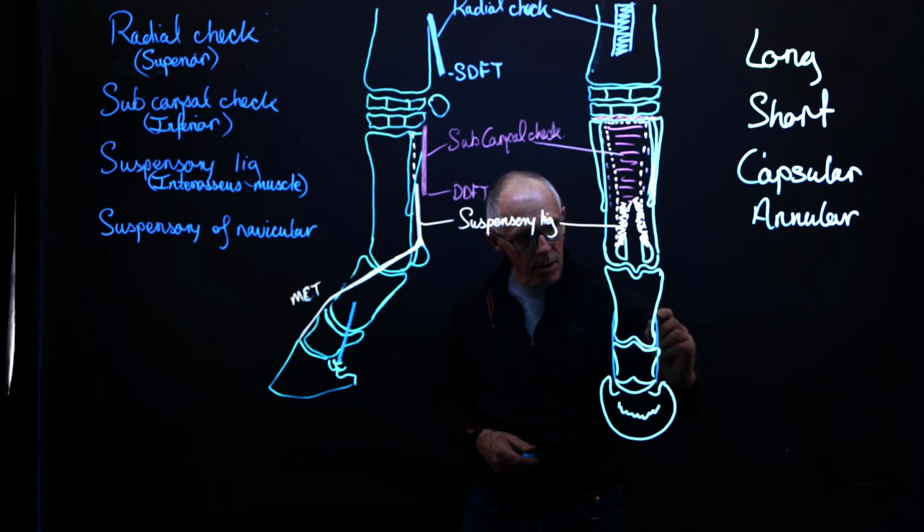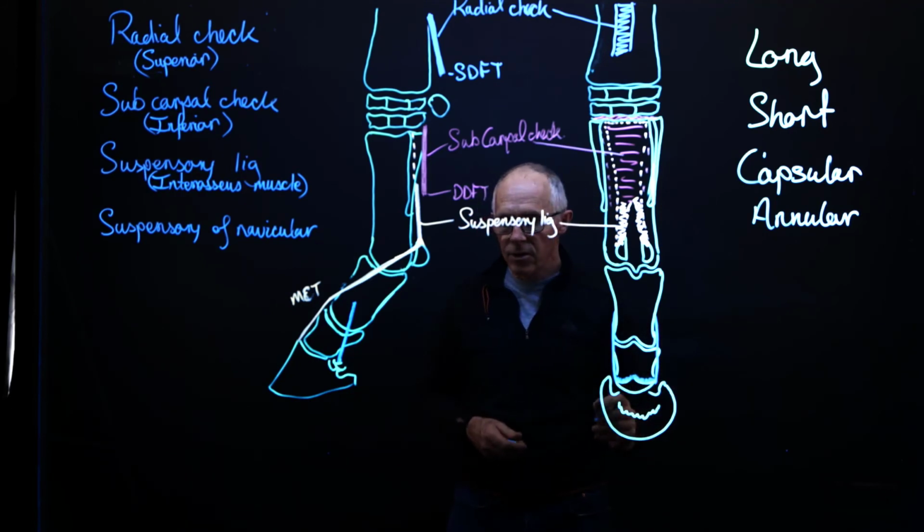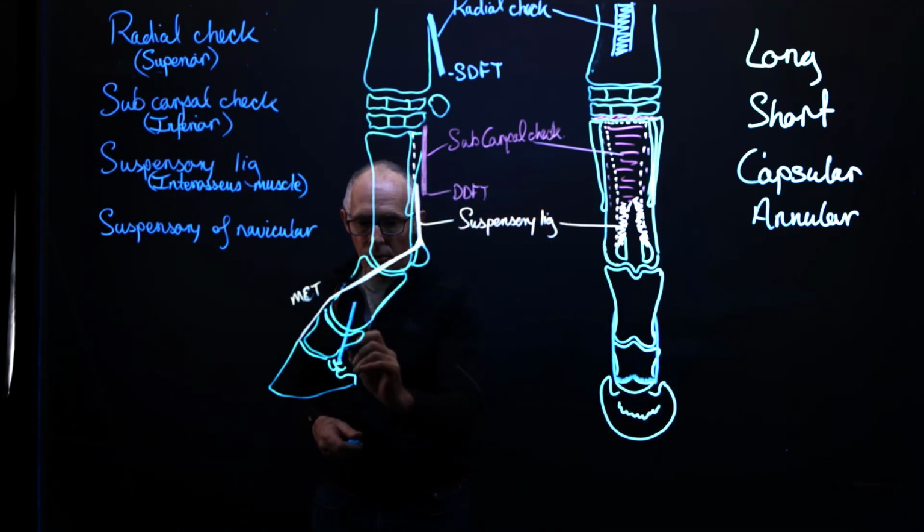So that's the longer part of the ligament, also known as the proximal navicular ligament. And then it has a shorter part which attaches the proximal border of the navicular to the palmar face of P2.